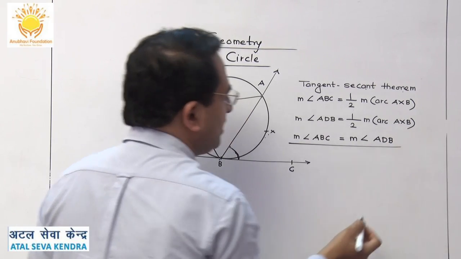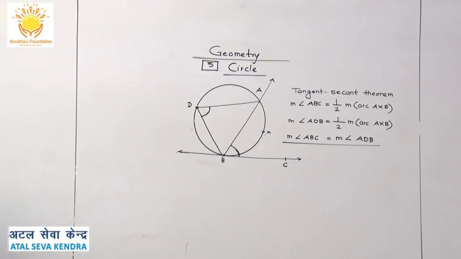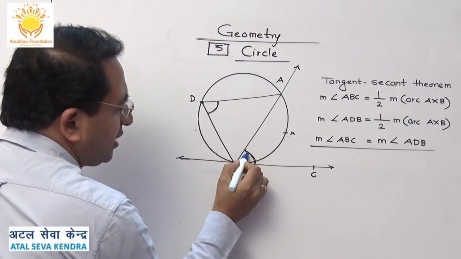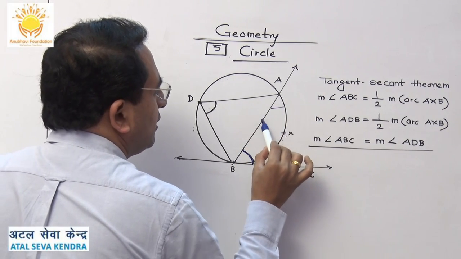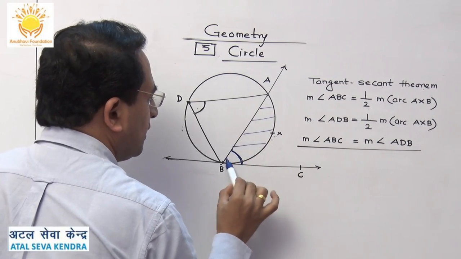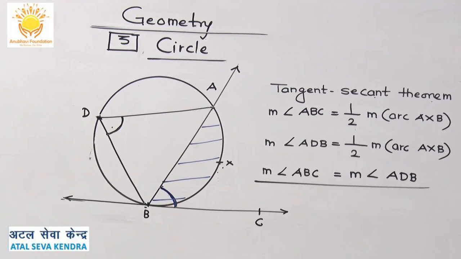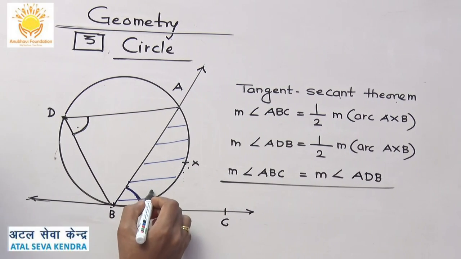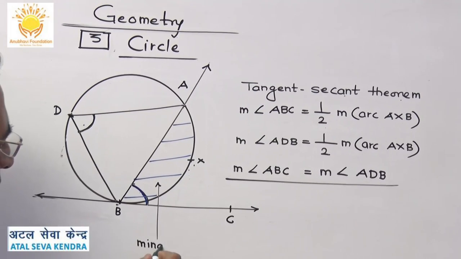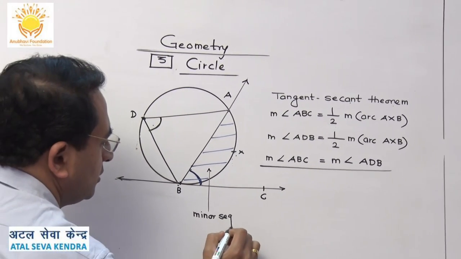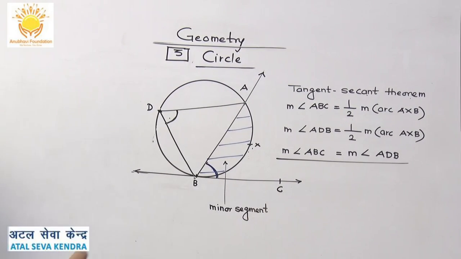Now how this thing is explained in the textbook, I will mark it now. This angle, whatever is formed, is formed in this portion, whatever I highlighted, this portion is known as minor segment.